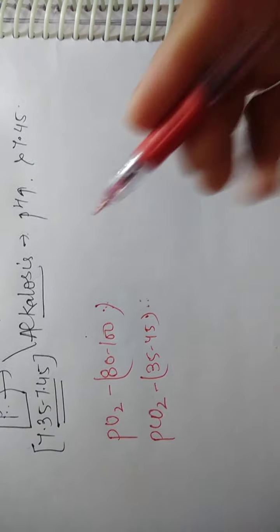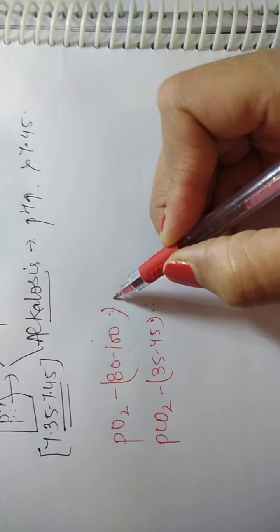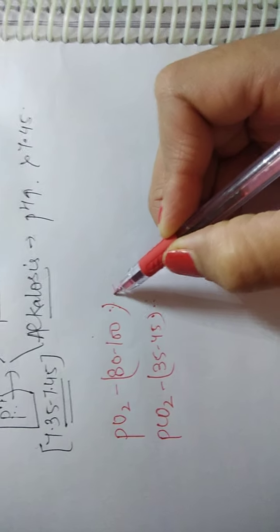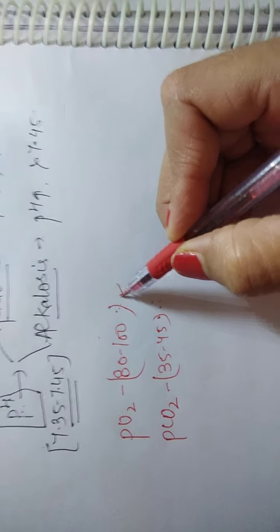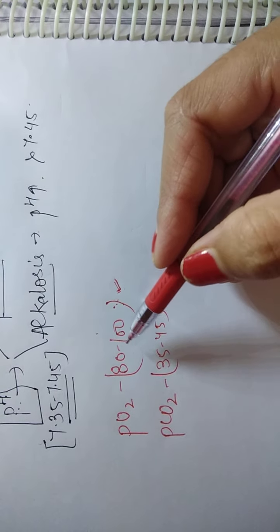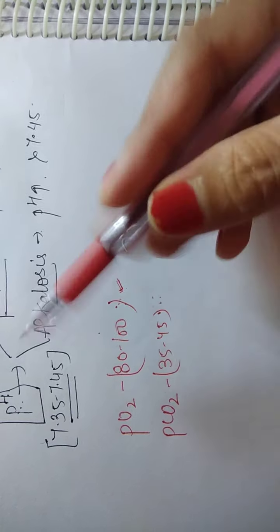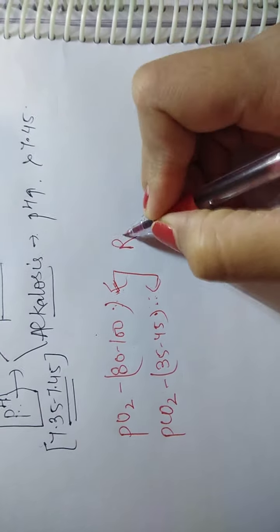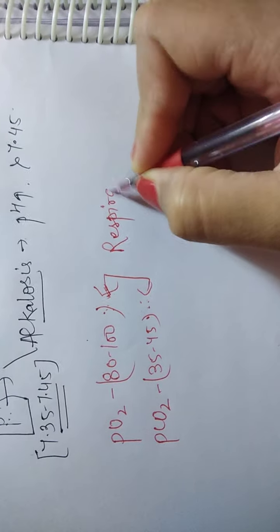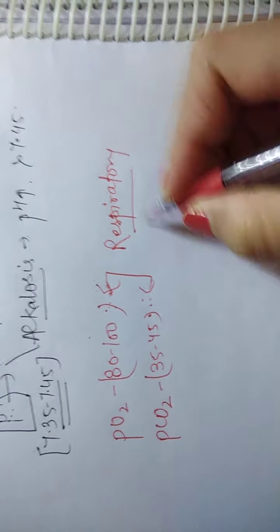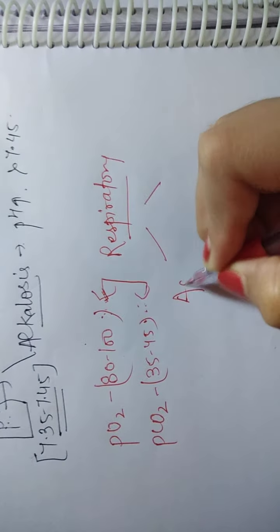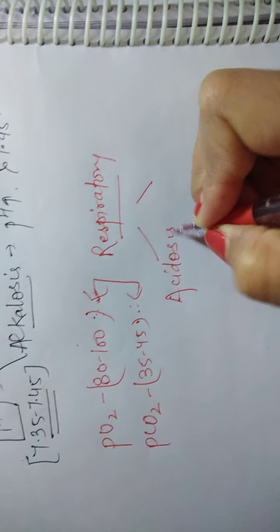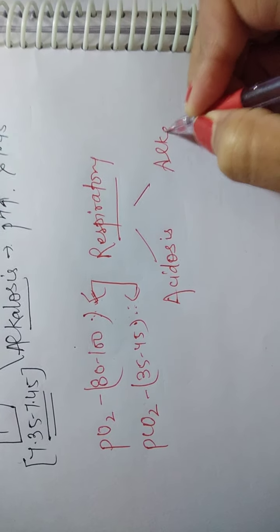So to analyze what condition the person is having, we will do the analysis of the arterial blood gases. These gases are helpful in respiration, so they tell whether the person is having respiratory acidosis or respiratory alkalosis.